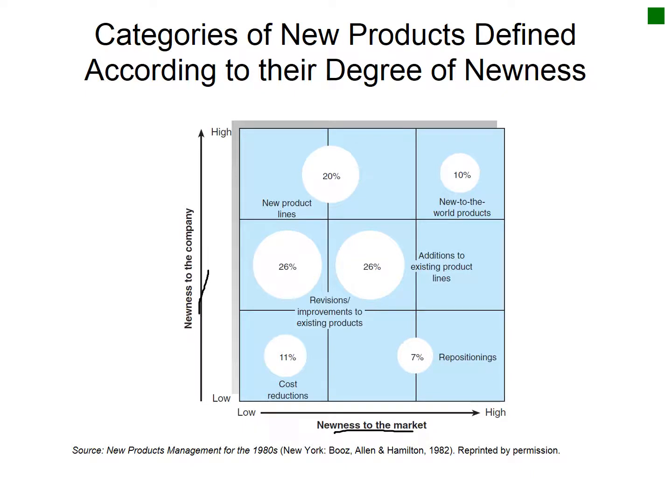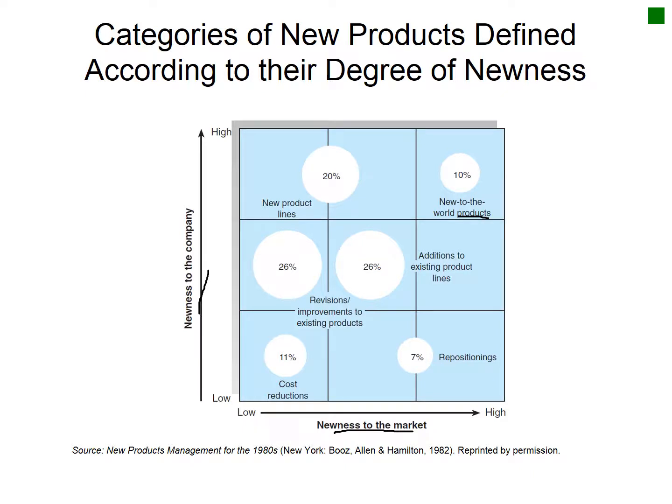And then on the other end of the spectrum, we have new to the world products that would be things that are new for the company to do and things that are new for the market to accept, like products that are new to the market and to the firm. These up in this corner here are going to be much slower to be accepted in the marketplace.